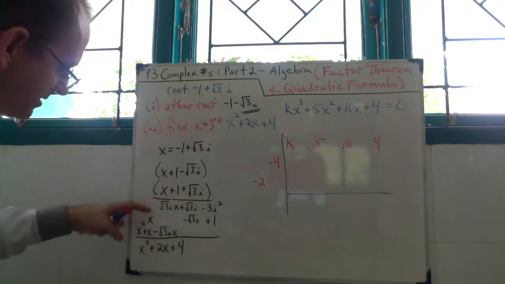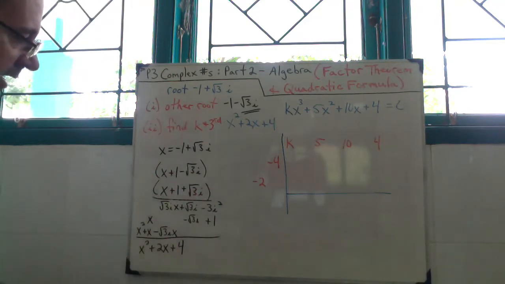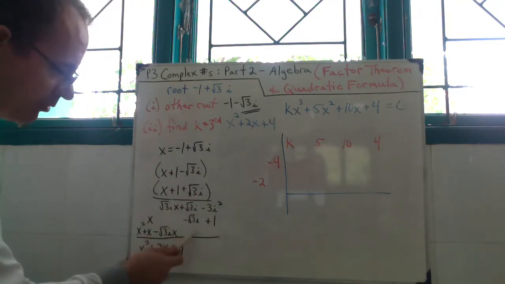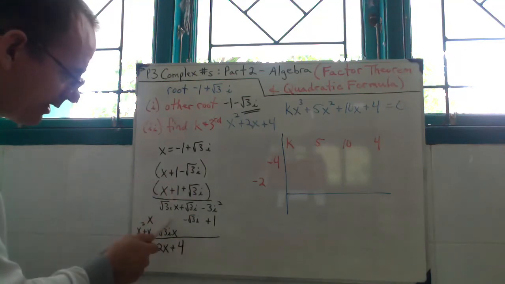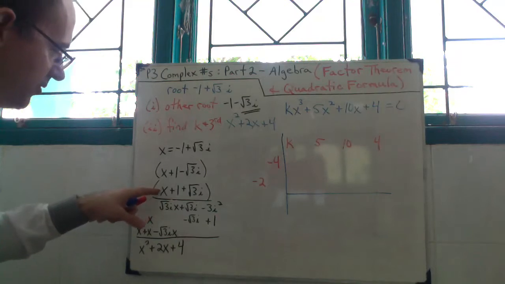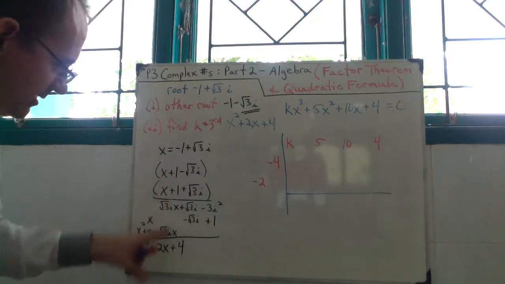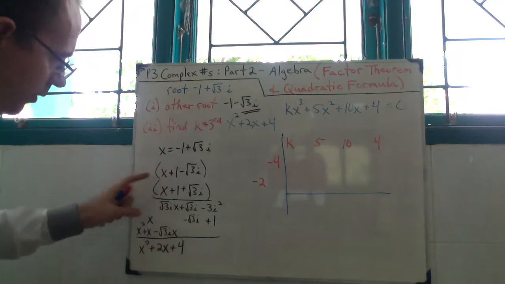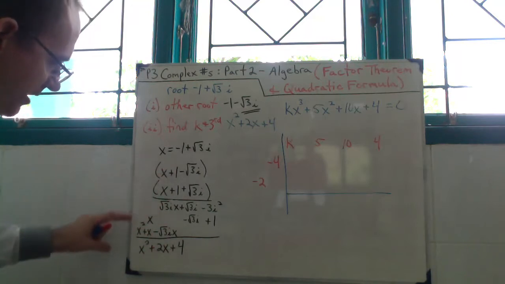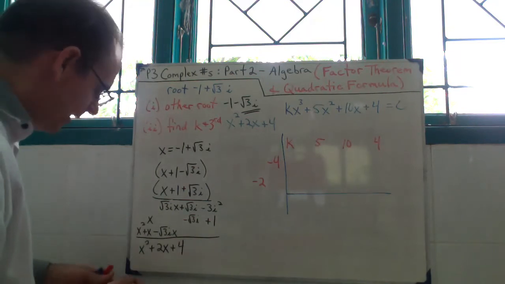So this is going to be a constant. 1 times x is x, and so I put it all the way over here because there isn't an x column yet. So we have our constant column, our root 3i column, our root 3ix column, and then just the x. Then we multiply x. X times negative root 3i is negative root 3ix, so put it in that column. 1 times x is x, and x times x is x squared. We add this all together.